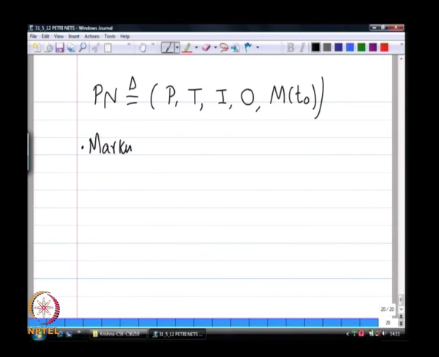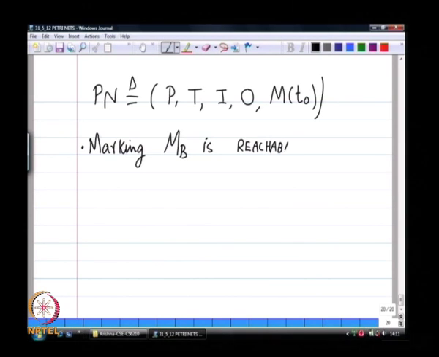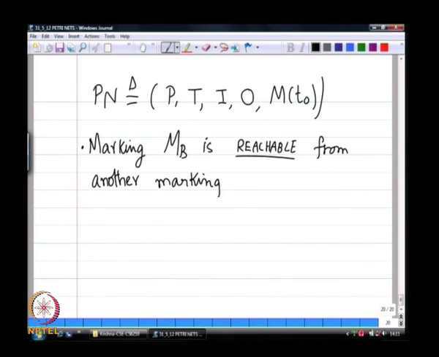So some marking, say MB, is defined to be reachable from another marking. Remember that a marking is just the values of all the tokens in the various places. So there is some other marking, denoted as MA.